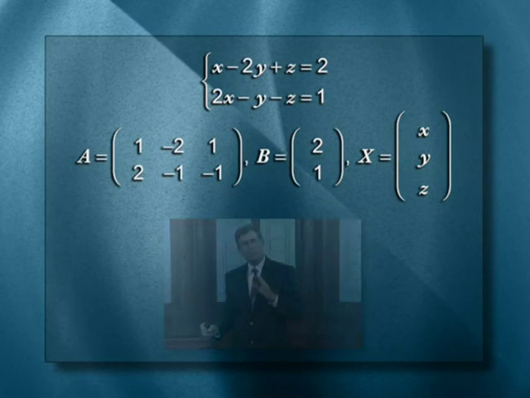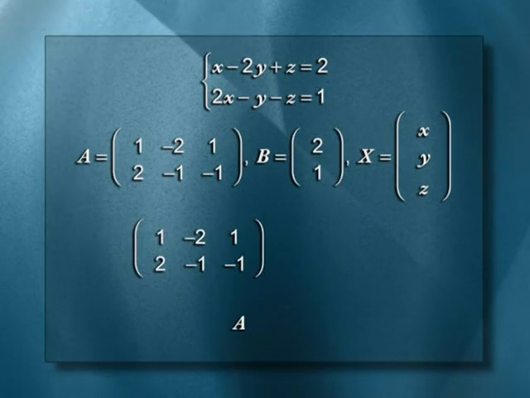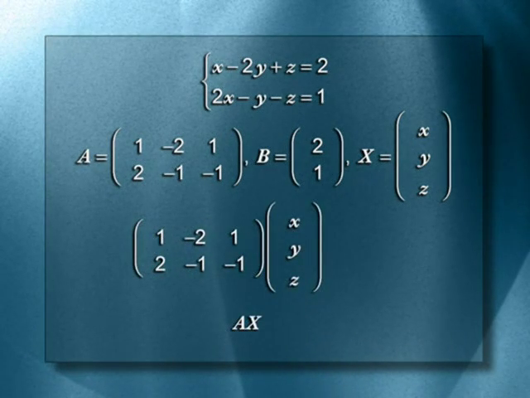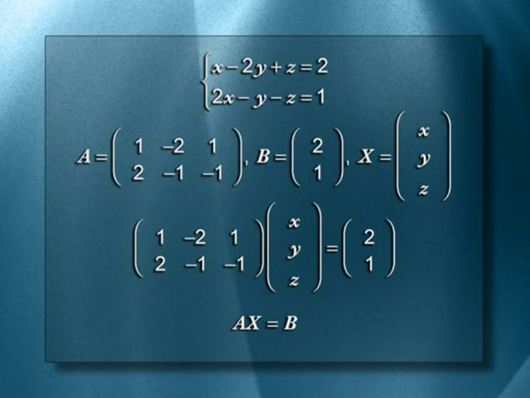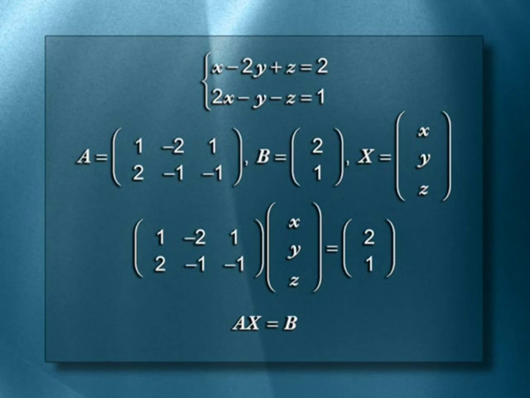Watch how it works. Put the matrix A down, and to the right of it, put the column x, y, z. And that equals, well, I claim it equals 2, 1, the B matrix. Let's check that. Let's multiply the matrix A times x, y, z. Okay. Can we multiply them? Well, the matrix A is 2 by 3. The matrix capital X is 3 by 1. Yes, I'm allowed to multiply.